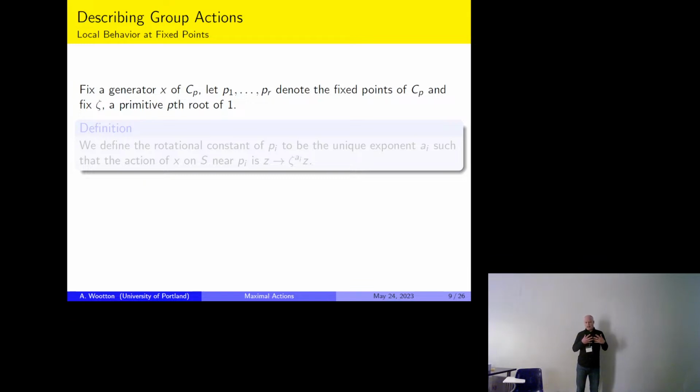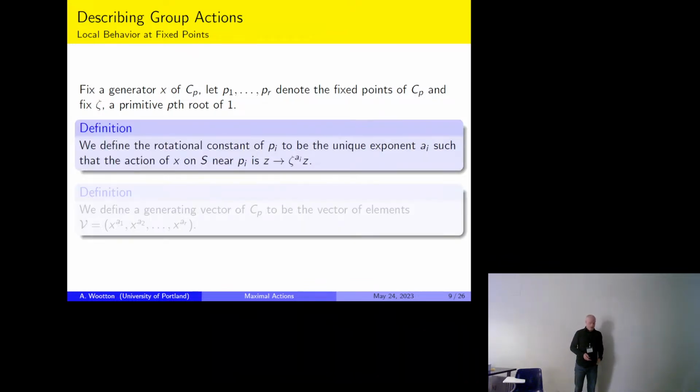So now the question is, how do we determine whether a given action exists with a certain signature? I'm going to talk a little bit about local and global behavior in order to describe the criteria for testing whether or not an action exists with a particular signature. So let's suppose we have this group acting, and let's take a generator of that group, and let P_1 through P_r denote the list of fixed points on the surface.